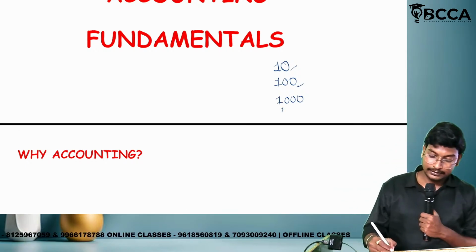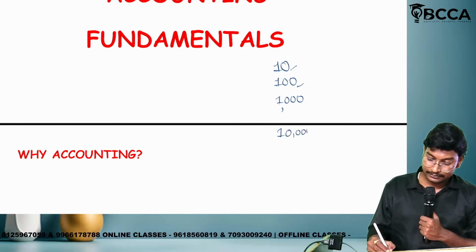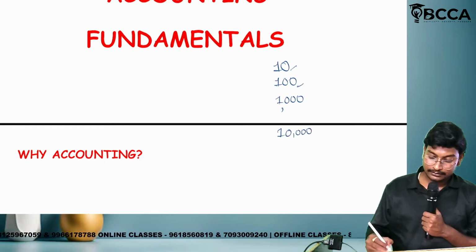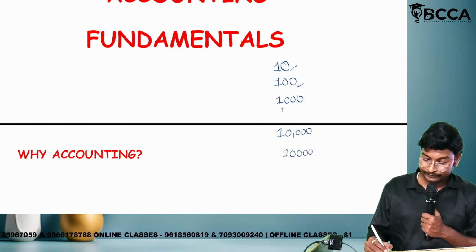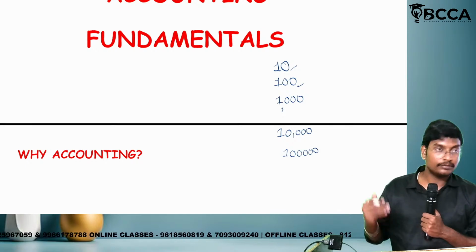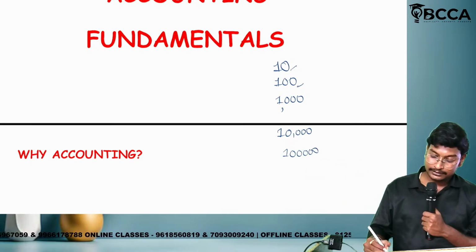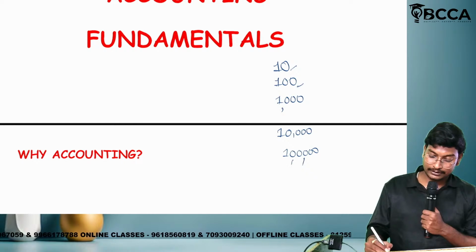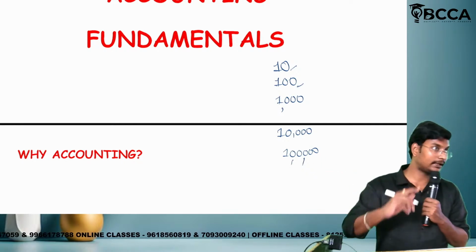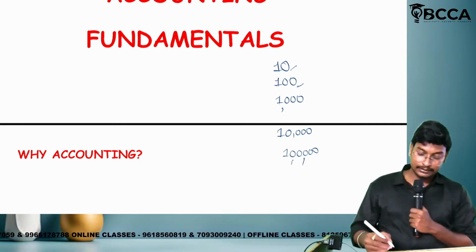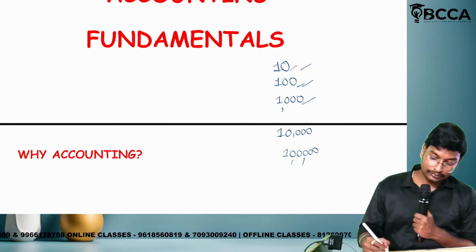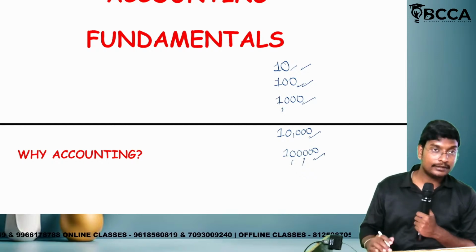Next, four zeros means 10,000. Five zeros means 1 lakh. Coming from the back, after three zeros we keep the comma, then every two. So 10, 100, 1000, 10,000 and 1 lakh.